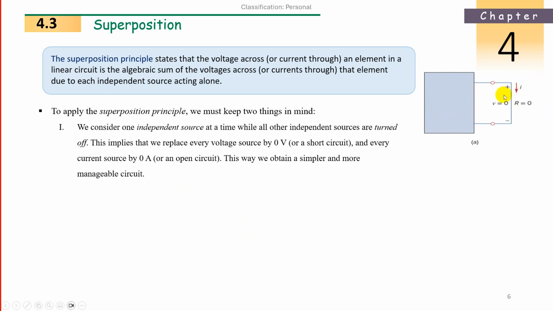Here previously there was a voltage source. I removed it and I put a wire here, a short wire. What happens when I put a wire here? The resistance will be zero, because the wire has a minute value. R can be considered zero. Then the voltage will also be zero. When R is equal to zero, the voltage will be zero, because whatever current multiplied by R is equal to zero. What is the voltage?